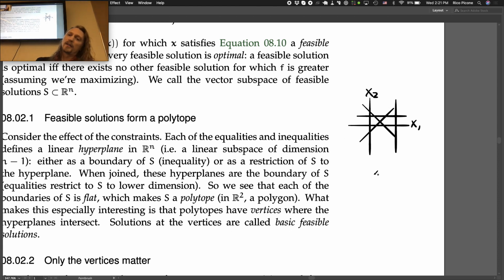Now, if you're in R3, say x1, x2, x3, then it's a plane, right?